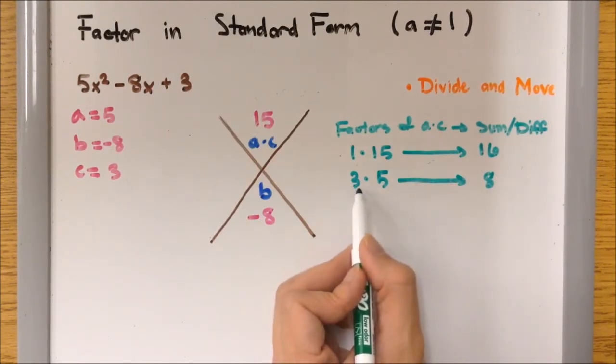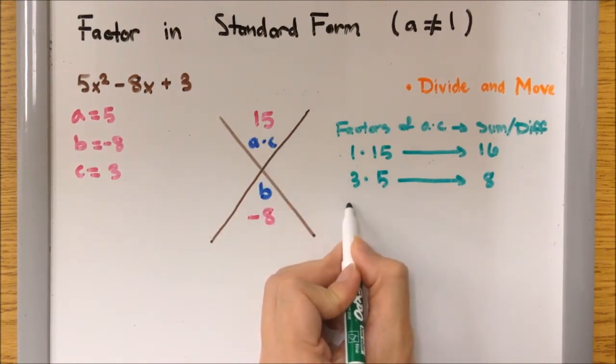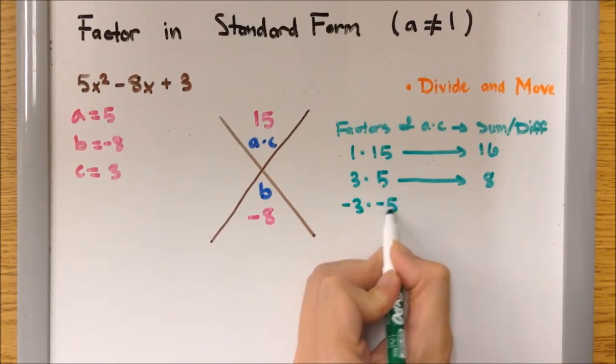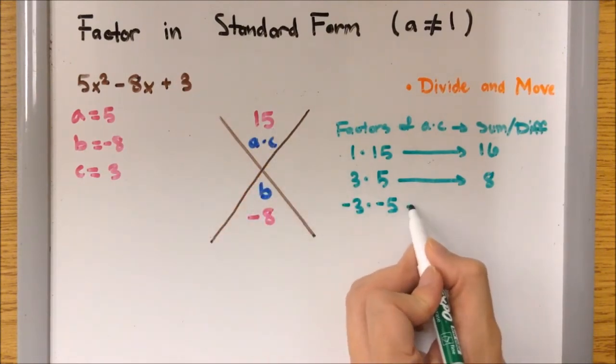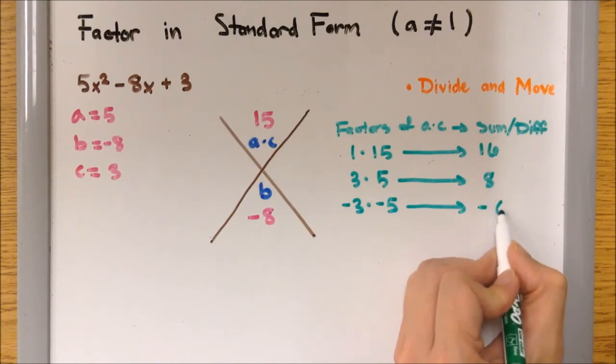So what we did was use two positive numbers for positive 15. But what happens if we use two negatives? So negative 3 times negative 5. Negative 3 times negative 5 will become positive 15. And when we combine those two numbers, the sum will be negative 8.